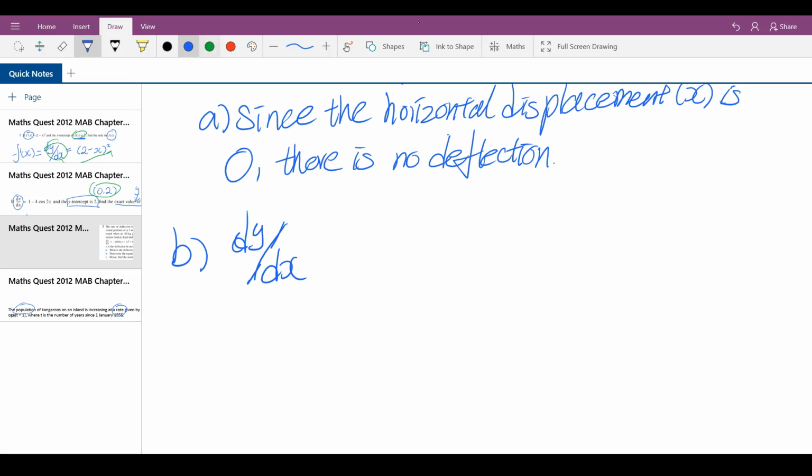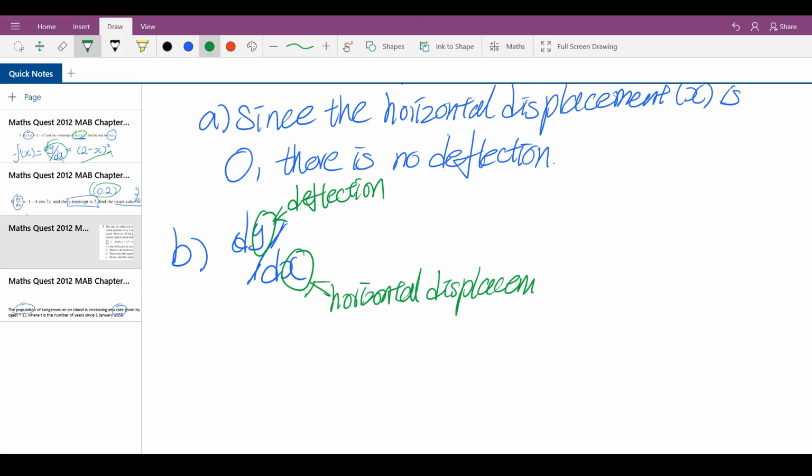That means if y is the deflection, x is the horizontal displacement. What it's literally telling you is the change of deflection, delta y, with respect to the change of horizontal displacement.